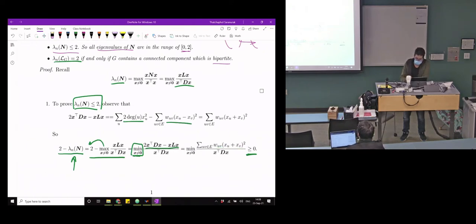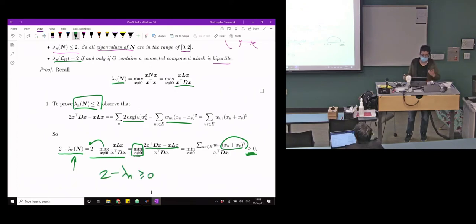And this is a square, so it's non-negative. So you're done. So 2 minus lambda n is at least 0. So lambda n is at most 2.